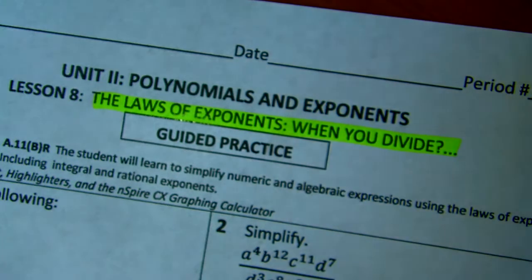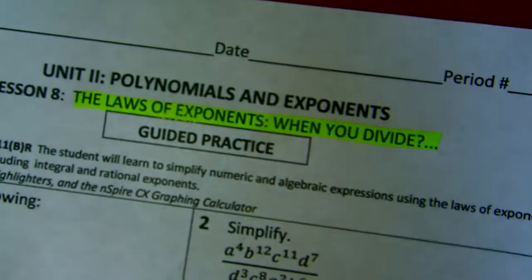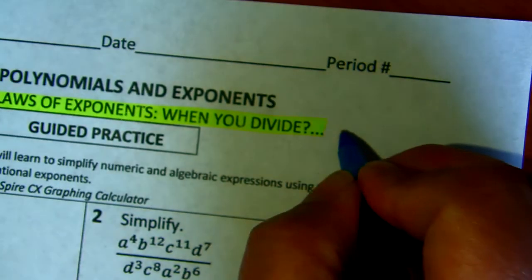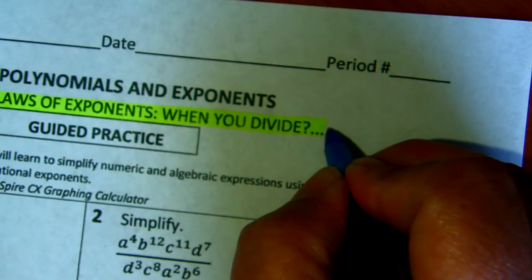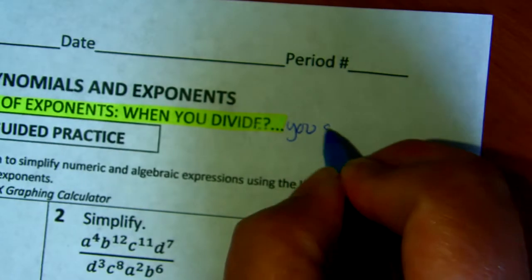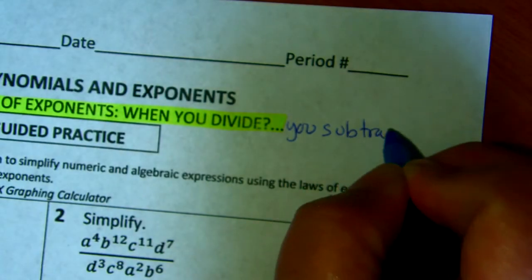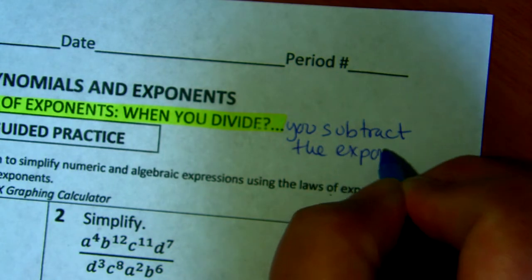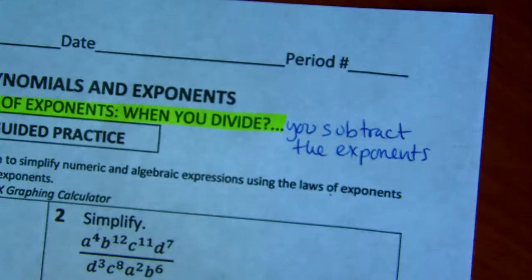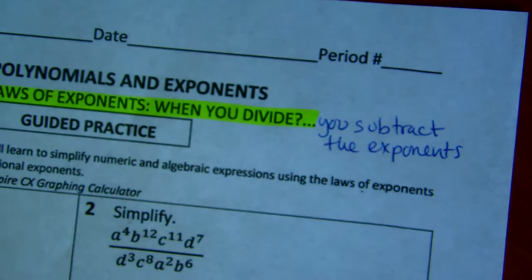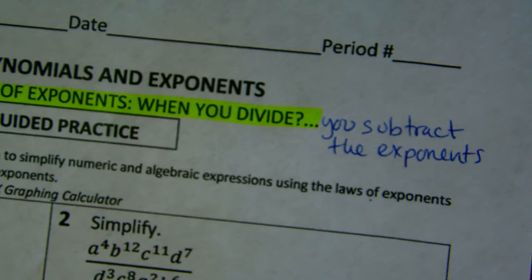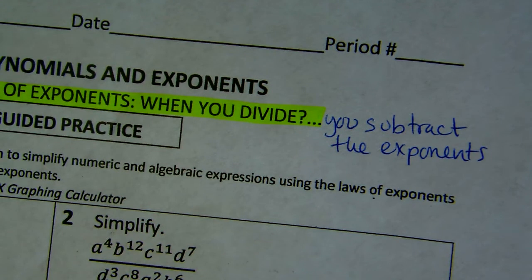When you divide, what do? When you divide, complete the sentence right here. You subtract the exponents. Okay? We're talking about the division of polynomials, variables.